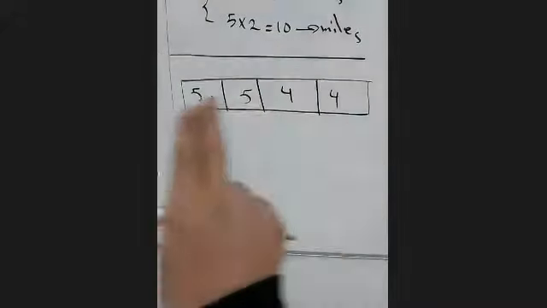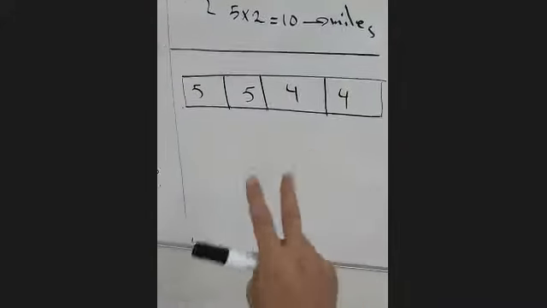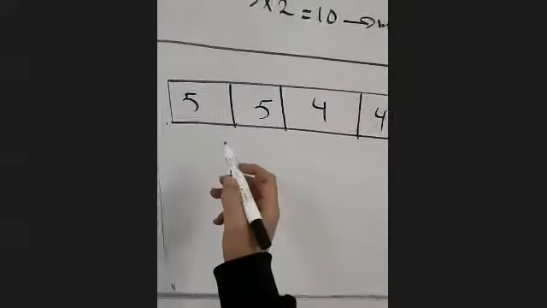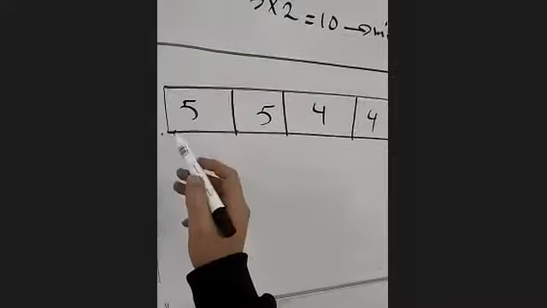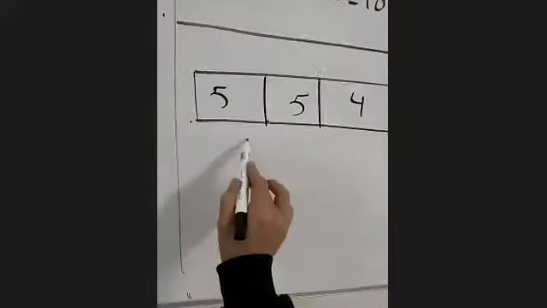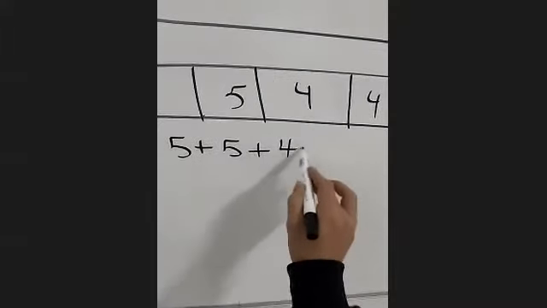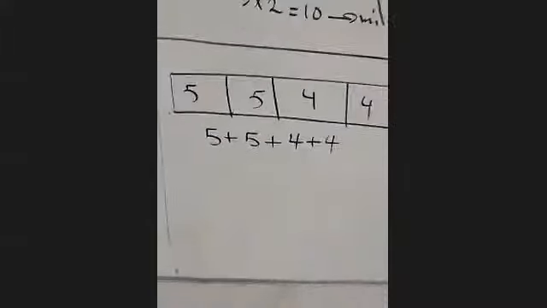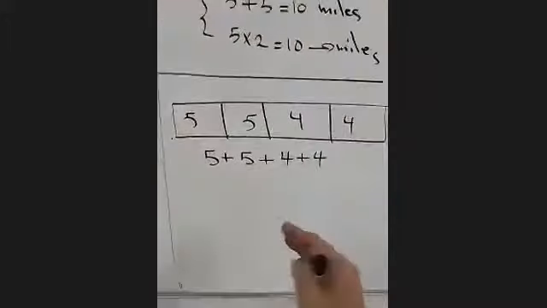We can express the total number of the students in 2 ways. What's the first way, Jalal? Do you know? 10 plus 8. Let's add them, right? 5 plus 5 plus 4 plus 4, right? Correct. What is the second way to express them?